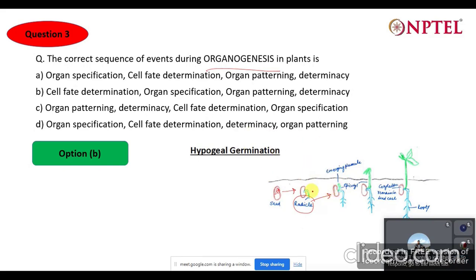So that means it has organ specification. Then what is the pattern of its growth? It grows below the ground, and we see which part germinates and originates first. So that is organ patterning and determinacy. So option B is correct.